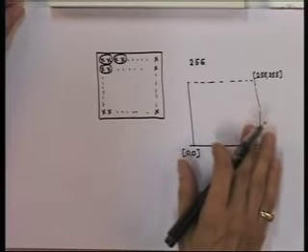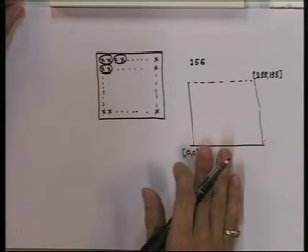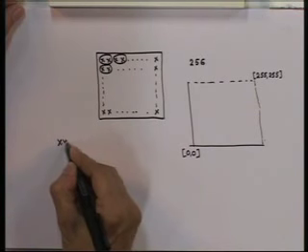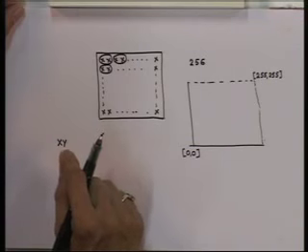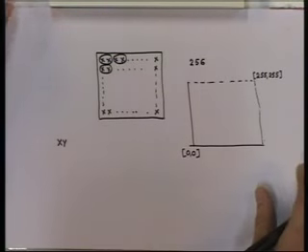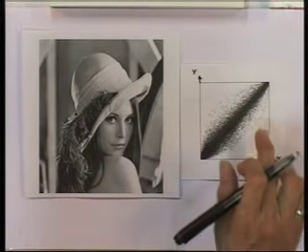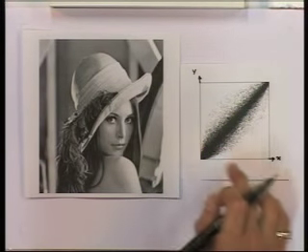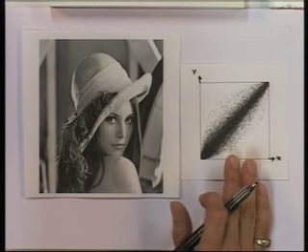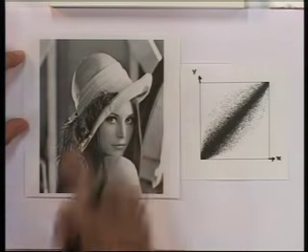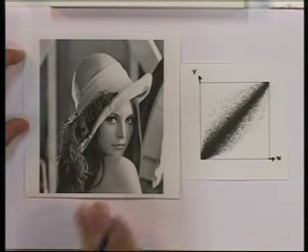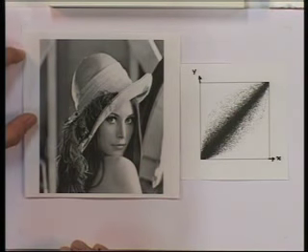So, we can take two components of the vector as x, y coordinates and plot a dot for each vector found in the input image. Now, the figure on my right shows the result of this procedure applied to a grayscale version of the famous Lena image. This is a traditional benchmark for image compression algorithms.